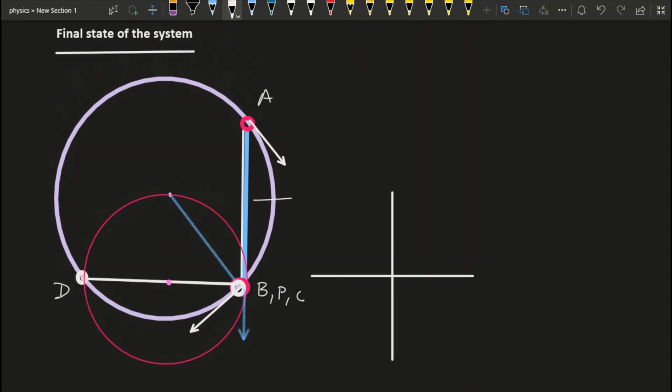Length of the rod is r by root 2. So the length of the DC we have already known that is r by root 2.